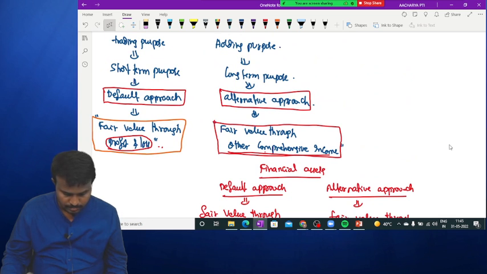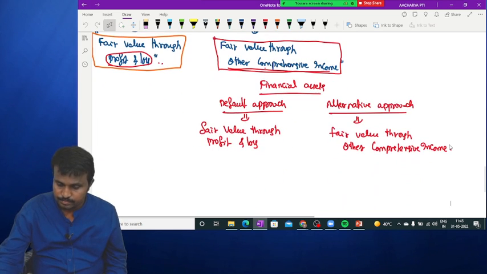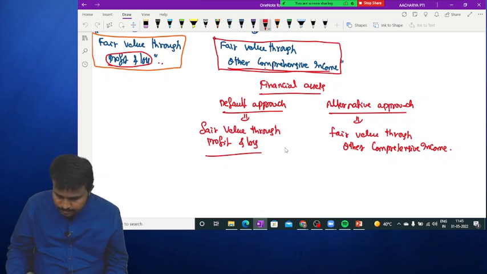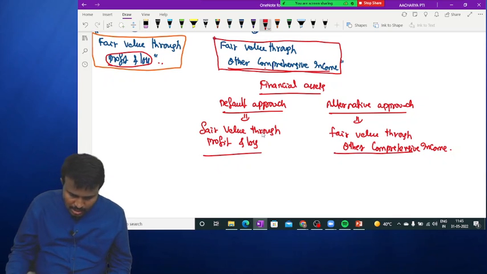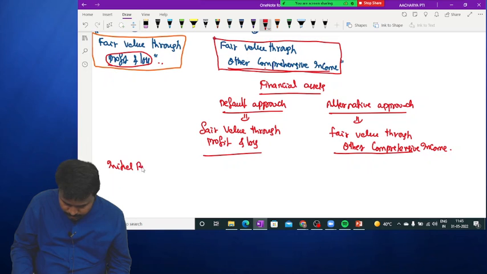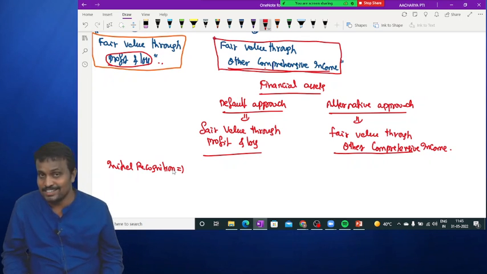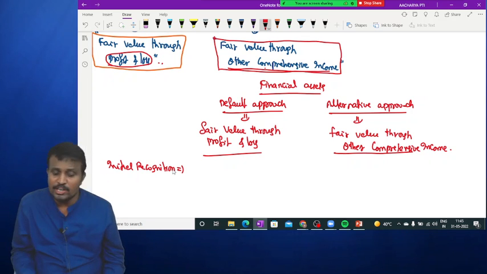Yes, sir. Then, coming to the initial recognition. I hope you are clear about the recognition procedure. How to recognize the asset?